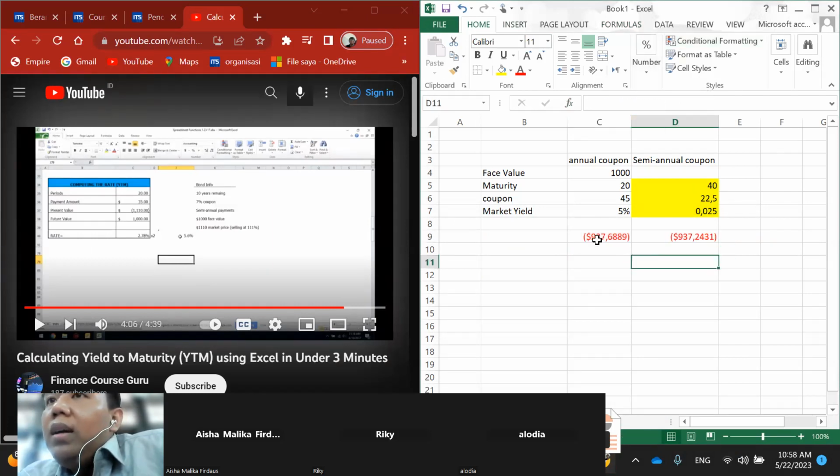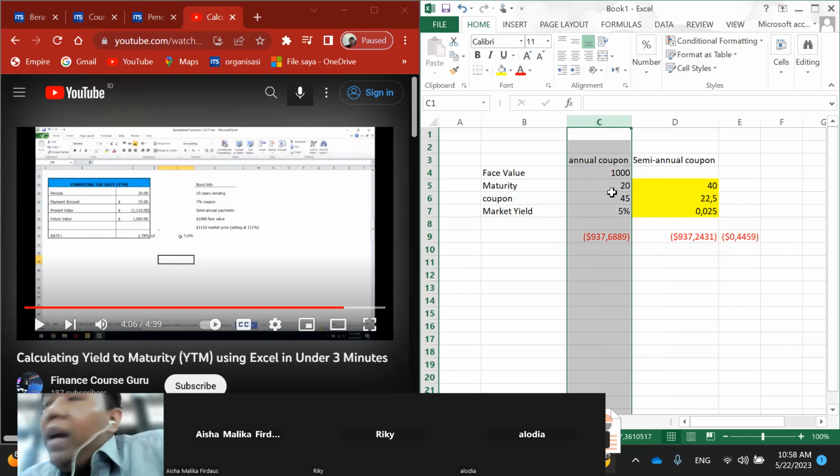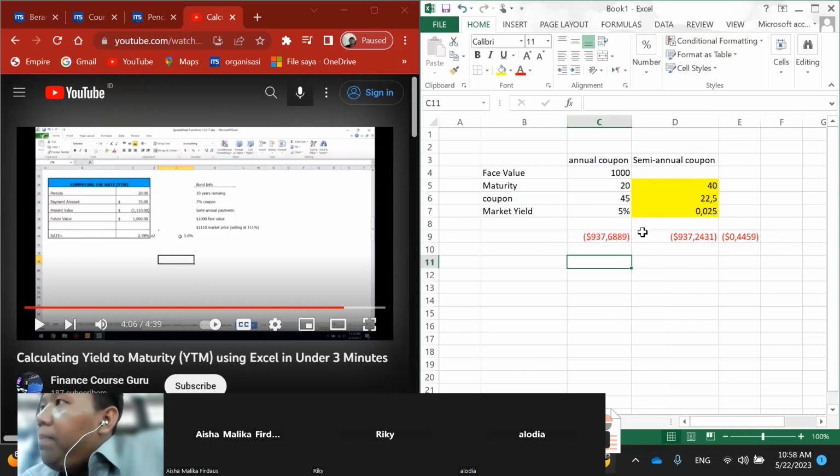There is a little difference. Let me take the difference. The difference is 0.4459 US dollar. The bond with annual coupon payment will have a higher price than this bond paying us at semi-annual coupon payment.